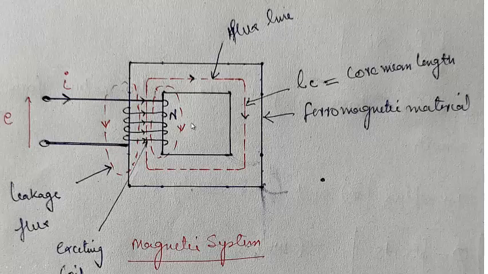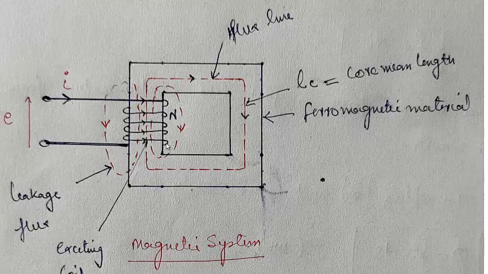So we always take the flux line length to be the flux line which is flowing at the middle of this core. And for practical purposes, we always neglect this leakage flux, and we always say that all the flux is flowing through the iron path. There is no flux that leaks through the air. So that means all the flux is of use for us.